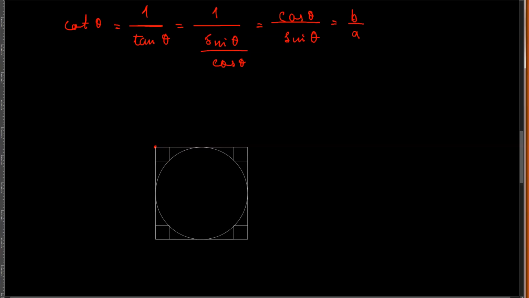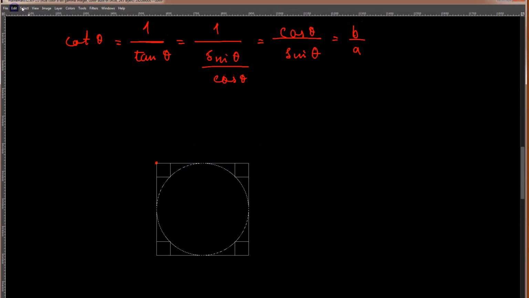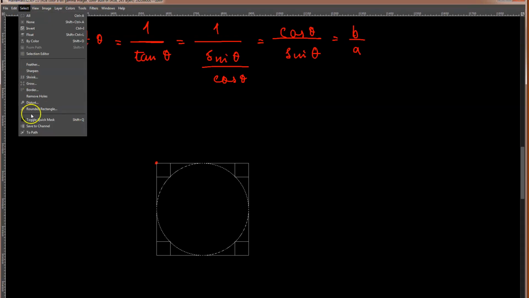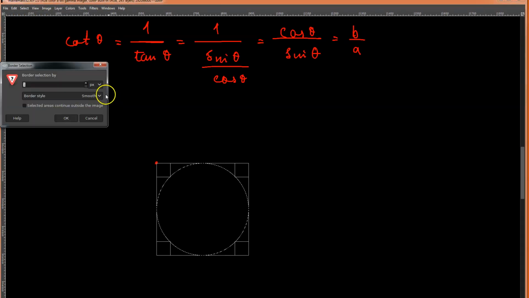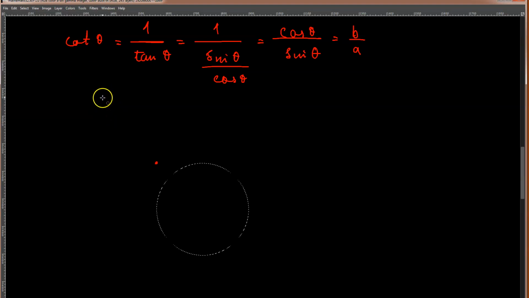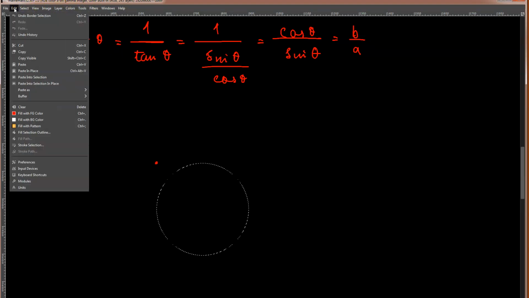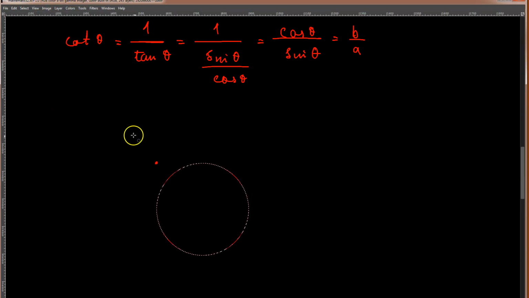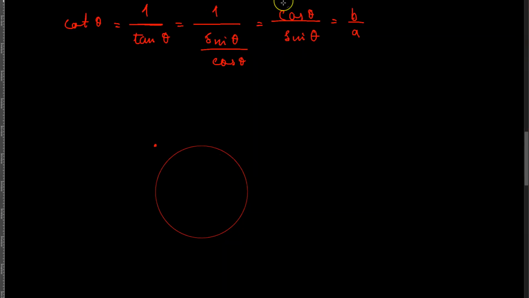I want to select the border, 1 pixel, and how do I put color into this? If I go to edit and fill with background color, okay. I apologize for being a little bit clumsy. I haven't done this in a long time.